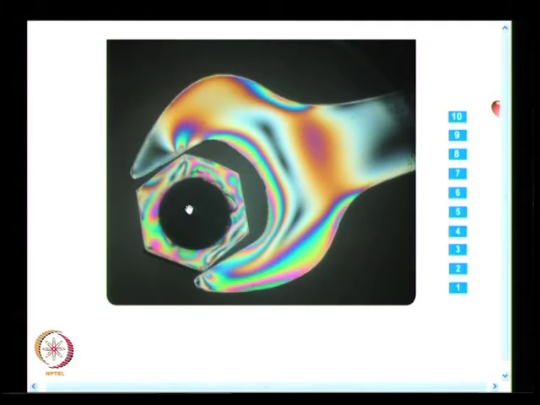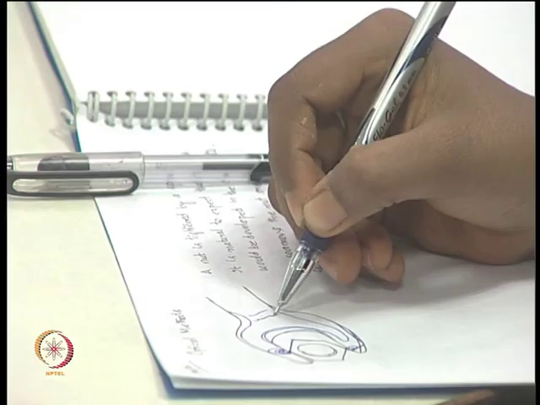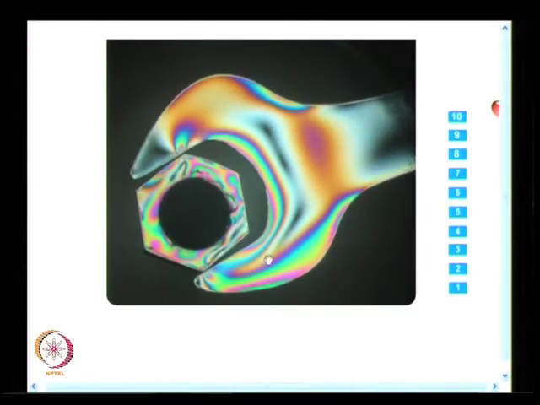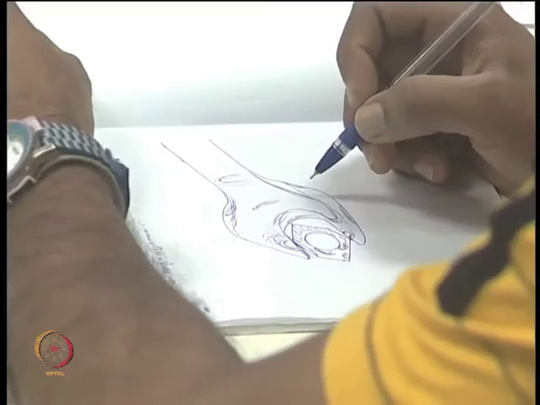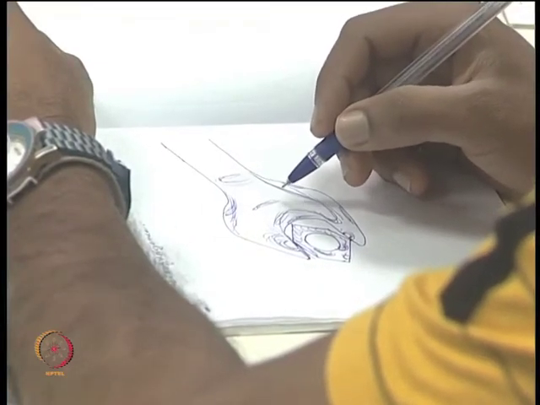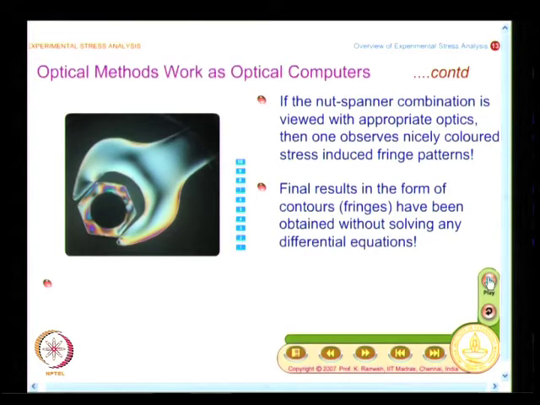And the first information I get is over the entire spanner. So, I get whole-field information from an experiment. And here the results in the form of contours have been obtained, and I have got them without solving a differential equation, because the effort I have done is to make the model of the spanner as well as the nut, and then put it in appropriate optics and reveal the pattern.